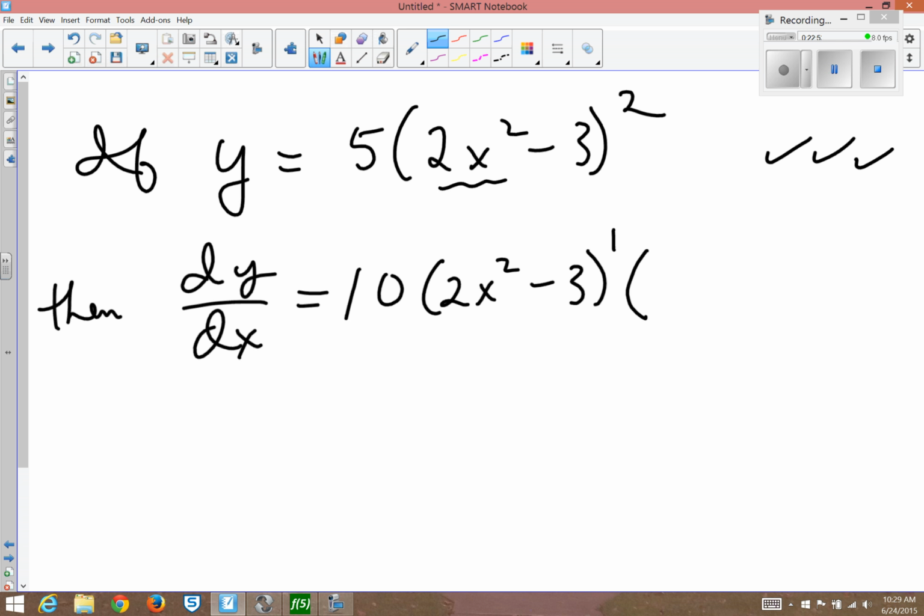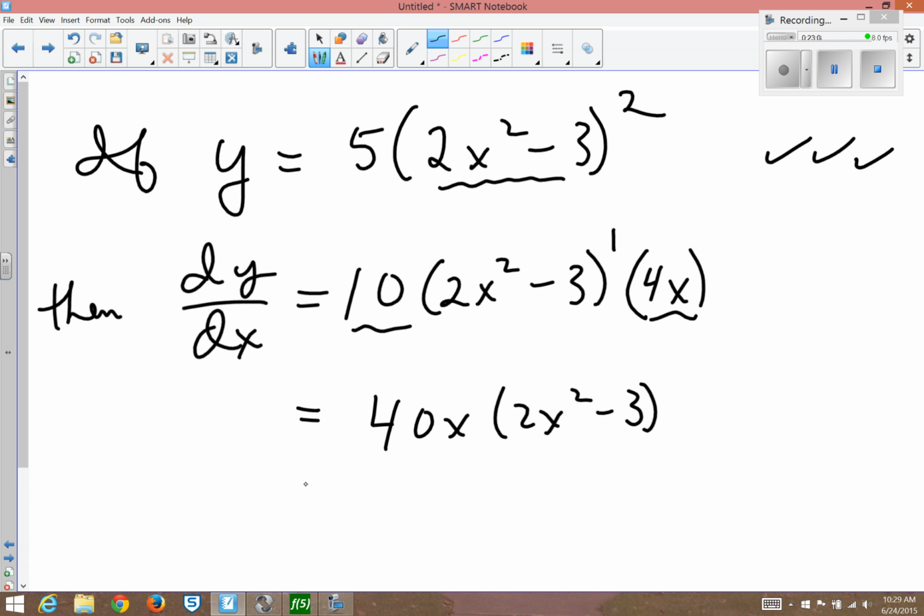The derivative of what's inside here is 4x minus 0. So that's the answer, or it could be written as 40x, multiplying these two, times 2x squared minus 3 to the first power.